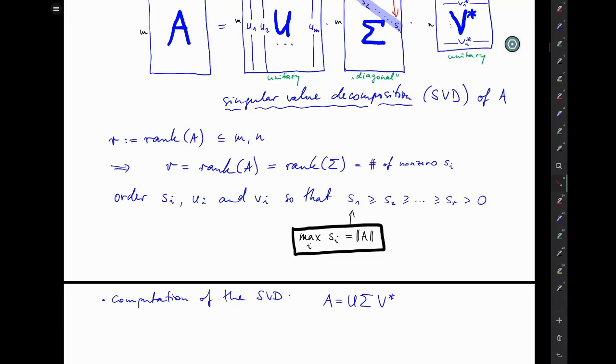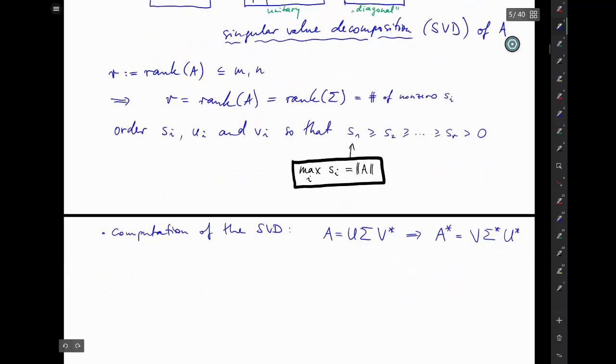And that's how you find out what U, V, and sigma have to be. So from here it's clear that the adjoint of A can be written as the adjoint of this product, and we know that you have to take the adjoint of every factor and reverse the order.